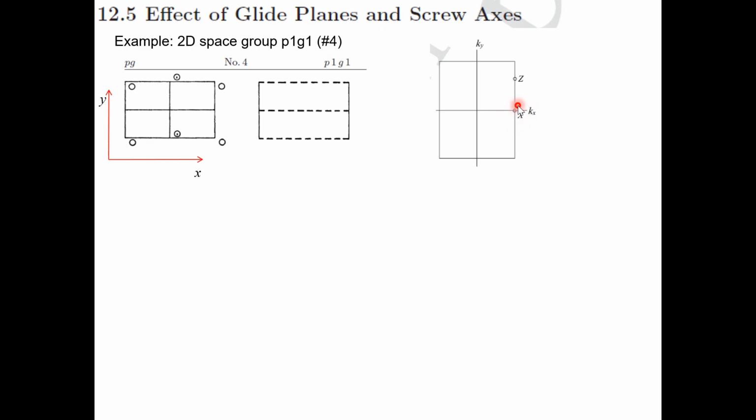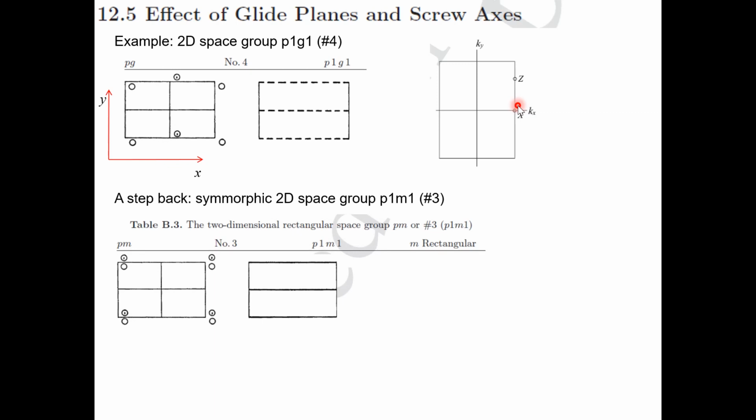Before we analyze this nonsymmorphic group, let's take a step back and see what happens for a symmorphic group. In this case it is 2D space group number 3. In this case we don't have glide planes, it's just a simple rectangular lattice.